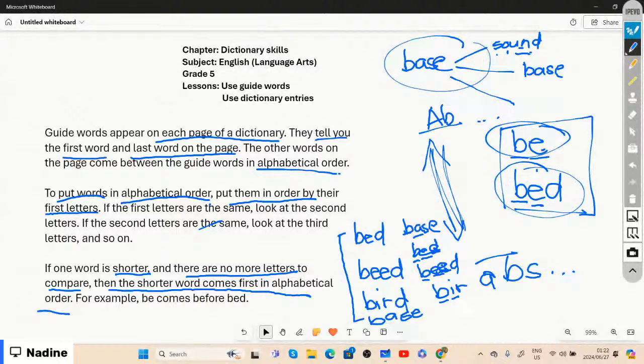Use a dictionary if you want words that are similar. Let's say you're writing an essay, then most definitely you'll need a thesaurus, right? Because you don't just want to continuously write boring words all the time.